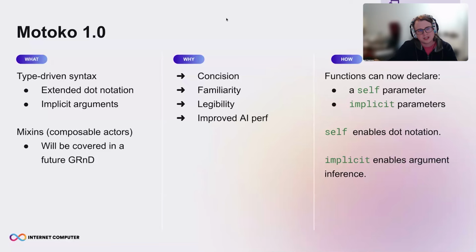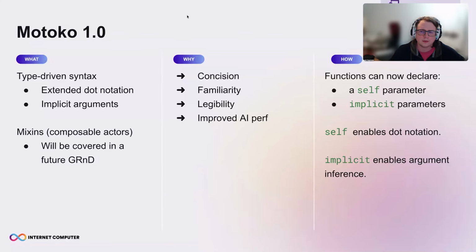Right, so I said there were 3 major features. Today we'll be showing you the extended dot notation and implicit arguments, which play very nicely together. And the third one is mixins, which I'll probably be talking about at some future Global R&D. The primary reason for the two features we'll be showing today is that they make the code a lot more concise, familiar to folks coming from OO languages, improve legibility, and we've noticed a serious uptick in AI performance on code written using these features.